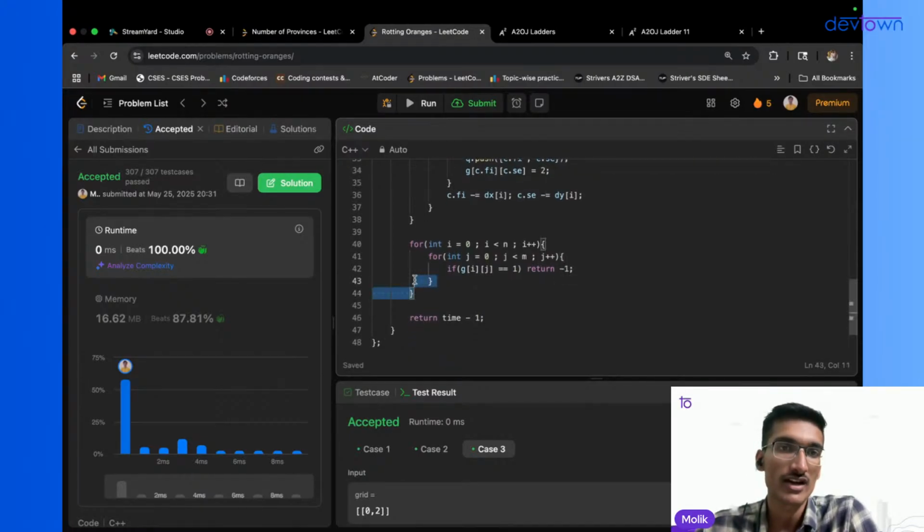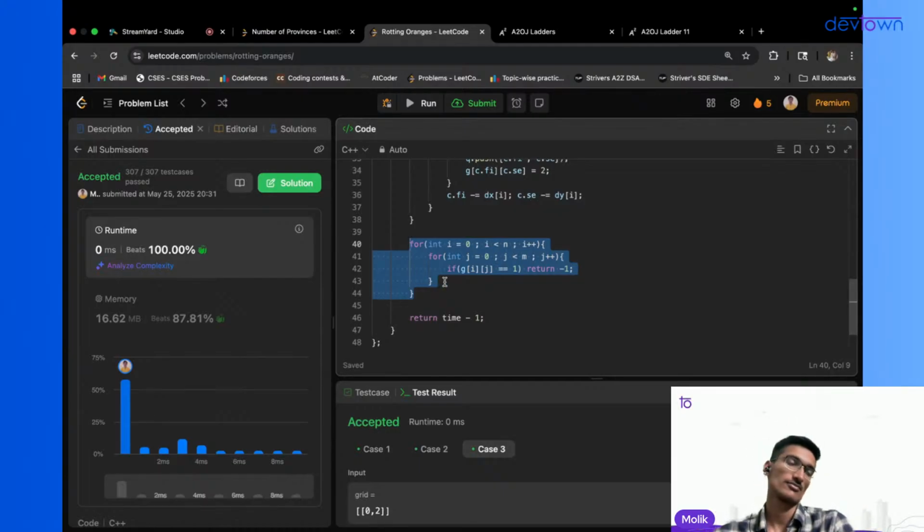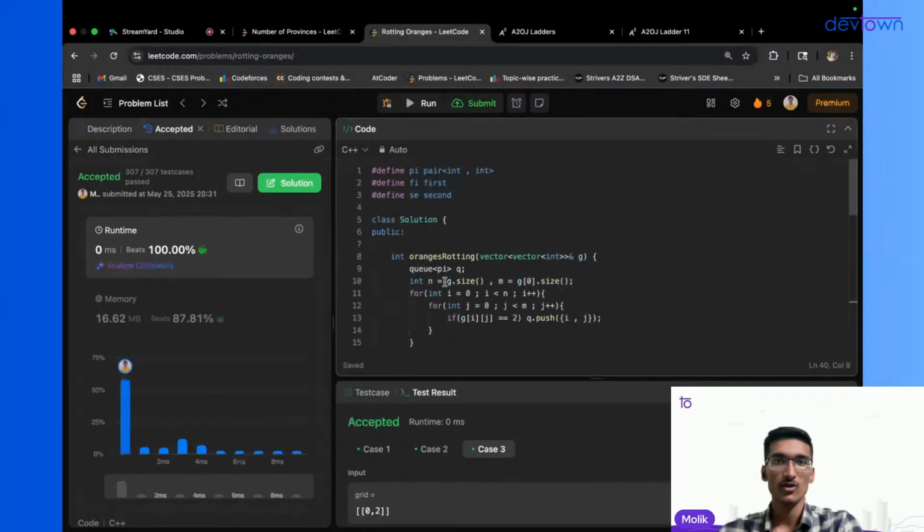And this is to check if every orange has rotted or not. I hope it's clear to all. It's been a long session today. I hope BFS and multi-source BFS is indeed clear to everyone.